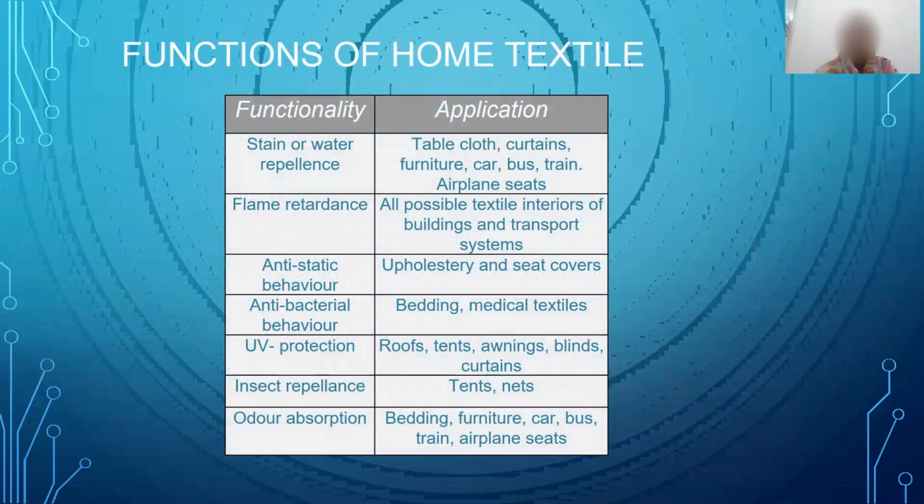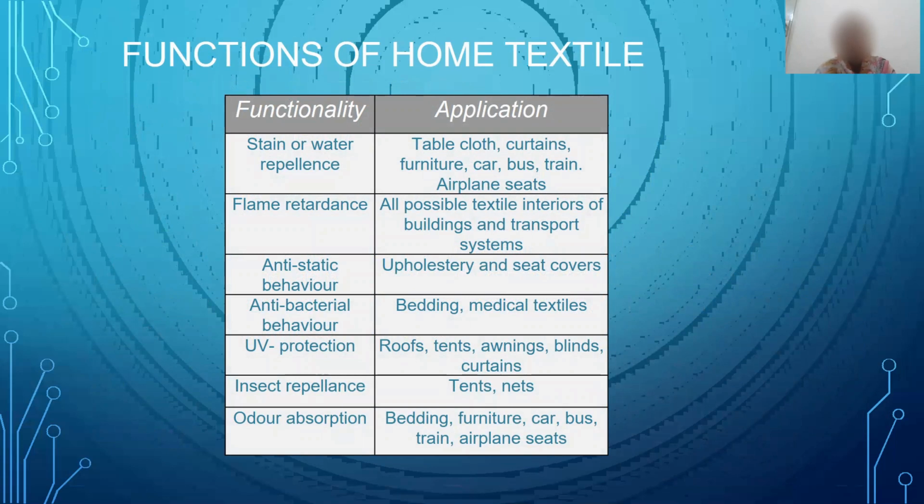Here are some functions of textile that are used in homes, and their applications as well. The first one is stain or water repellents. It is used in tablecloths, curtains, furniture, and car, bus, train, and airplane seats. Next one is flame retardants. All possible textile interiors of buildings and transport systems use that.